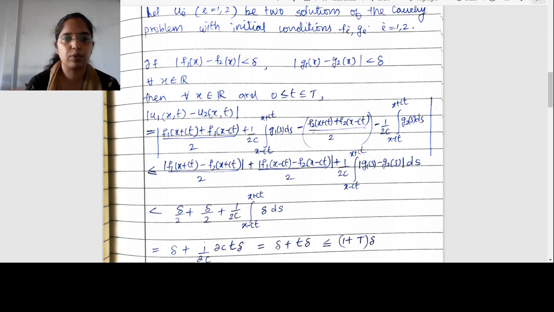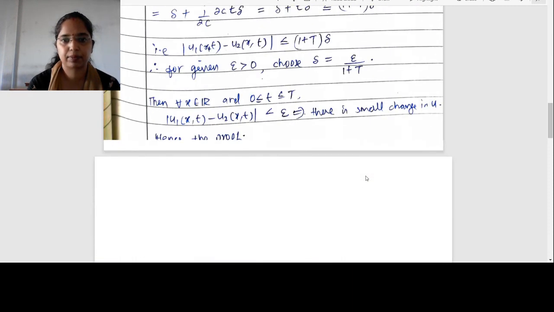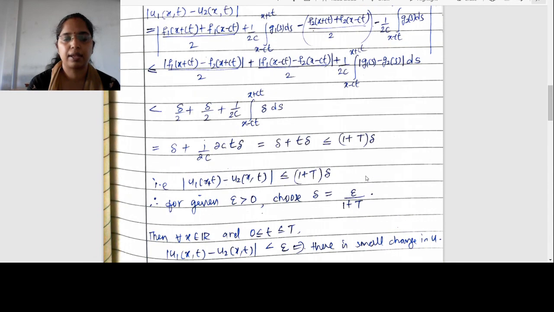Now we have that mod f1 of x minus f2 of x is less than delta. So this quantity is less than delta by 2. We again have this quantity is less than delta by 2. Also we have g1 of s minus g2 of s is less than delta. Then I have to integrate from x minus ct to x plus ct.